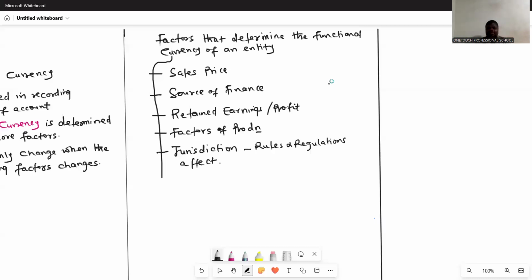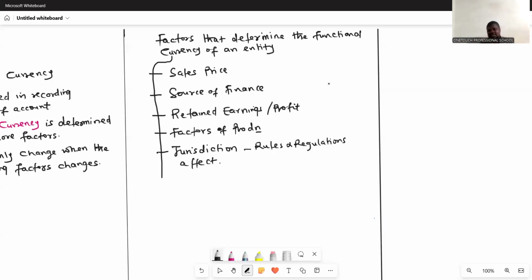No, you cannot say that until you use these factors. You ask the question: how did they price their product? Maybe dollars. Whenever they want to raise finance, is it in dollars? Their retained earnings, is it kept in a dollar account or a cedi account? How do they pay their labor, material, and other factors of production? Then for the jurisdiction, always the Ghana cedi will prevail there.